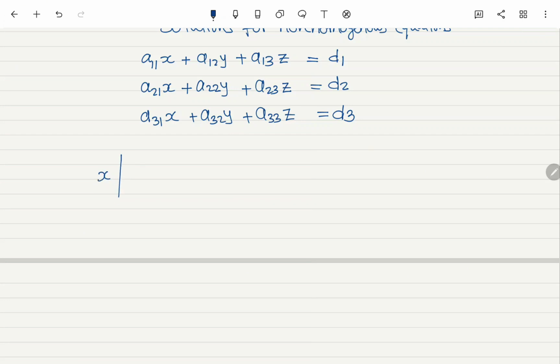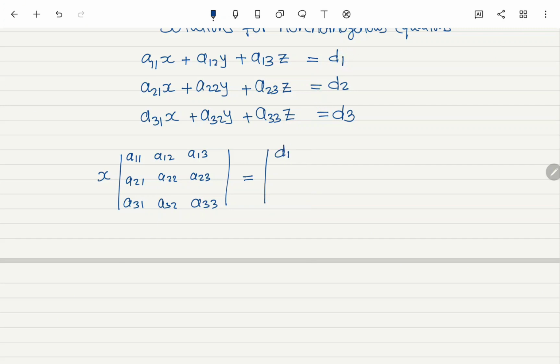x multiplied by the coefficients a11, a12, a13, a21, a22, a23, a31, a32, a33, and this equals the determinant here.